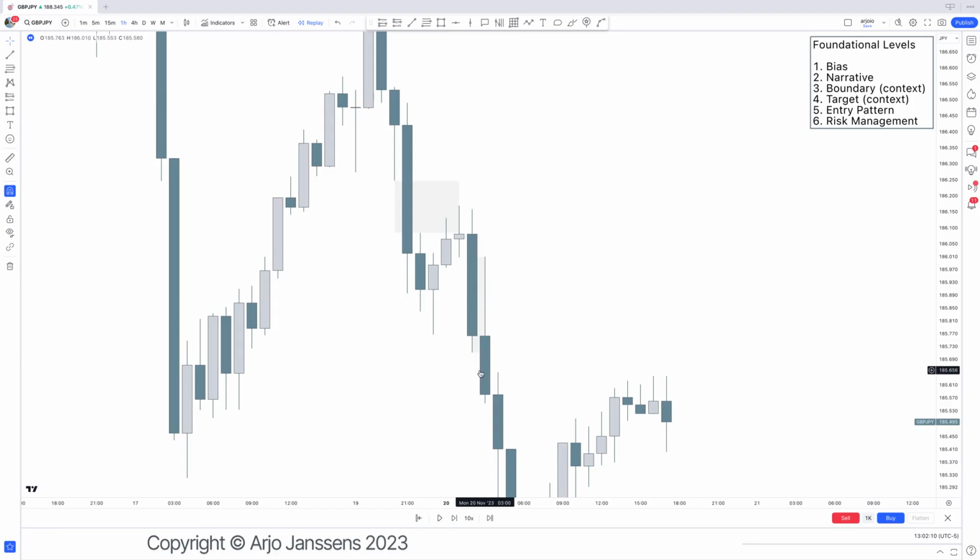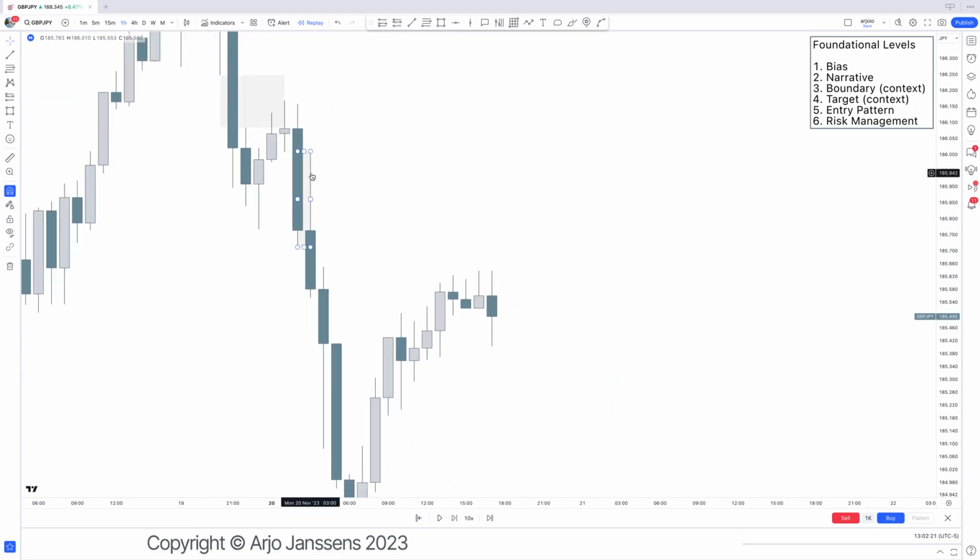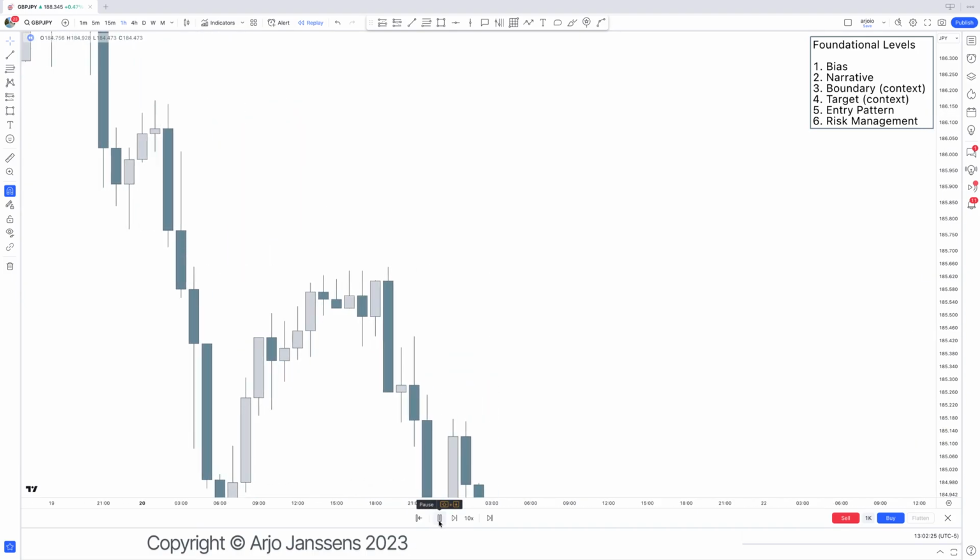That can also be counted as confirmed order flow. That is for your entry pattern later on, once you are more advanced. For now, it's advised to just stick to the clear retracements like we saw on the earlier examples right here.